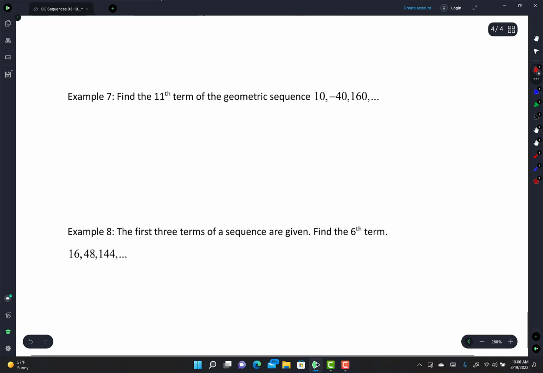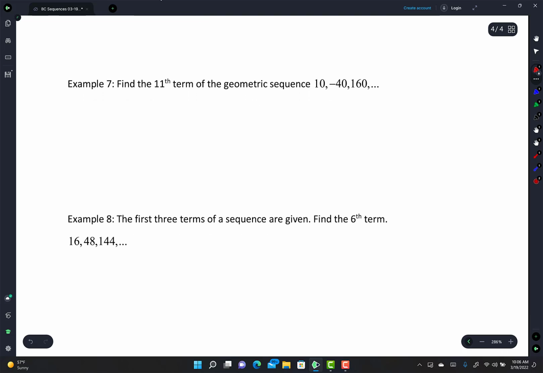All right, example 7. Find the 11th term of the geometric. Okay, you guys know how to do that one now? Times negative 4. Okay. So A11 equals 10 times... n minus 1 times negative 4.